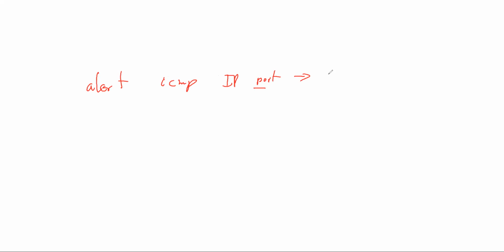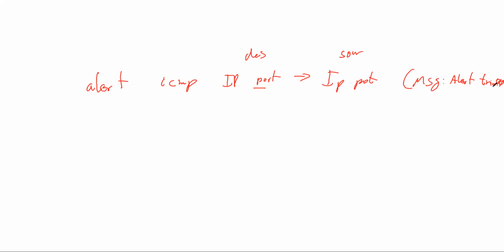And then you have the destination, and this is the source, or vice versa, right? And then port, and then after that you have the message that will be sent. So like alert, trin00. So I detected that one, right?